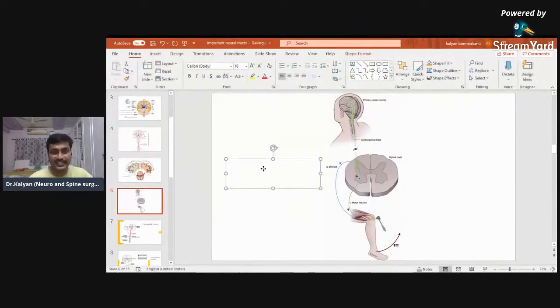So answer this question. Does the brain, the upper motor neuron, have an inhibitory influence or an excitatory influence on the lower motor neuron? I want all of you to type. This question I have asked even last time.